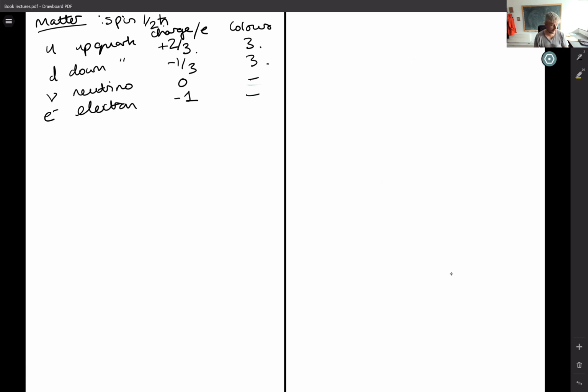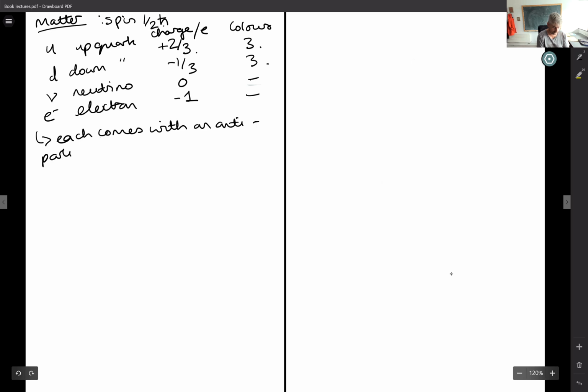So in a quantum field theory, each one of these matter particles comes with an anti-particle copy. Lorentz symmetry and locality of the quantum field theory tell you that the mass of the antiparticle has to be the same.